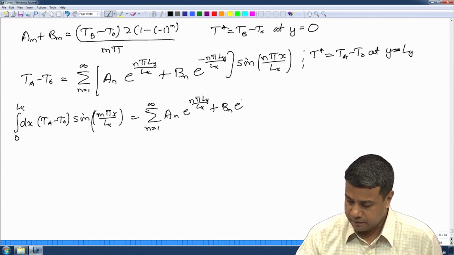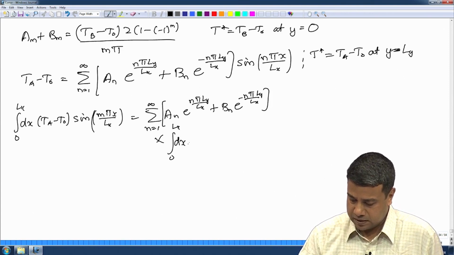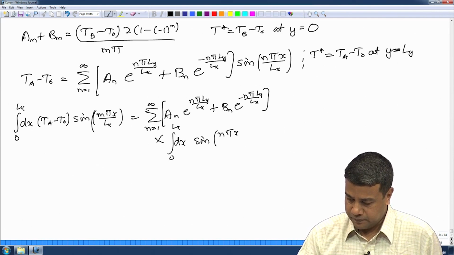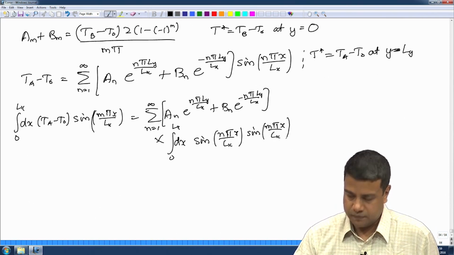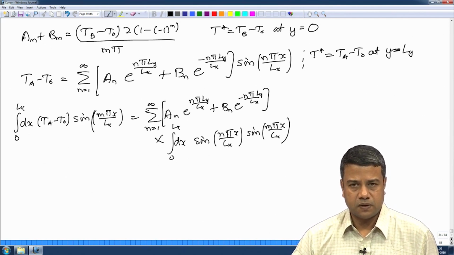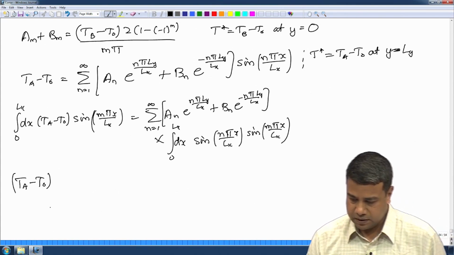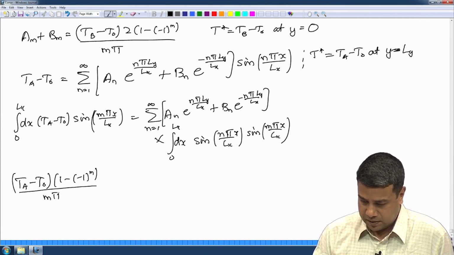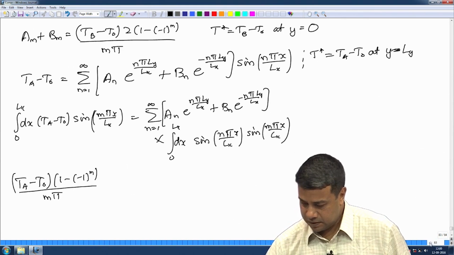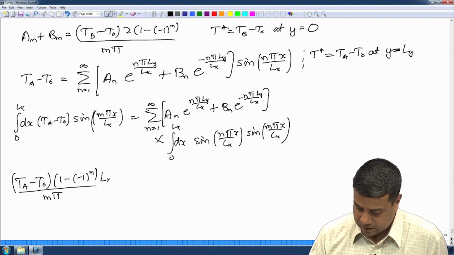plus Bn, this whole thing into integral 0 to Lx dx sin, and you can simplify this, and what you will end up with is on the left side, you will get Ta minus T naught into 1 minus 1 power m by m pi, similar to what we had got previously, and I should put a factor of Lx there when I do the integral.